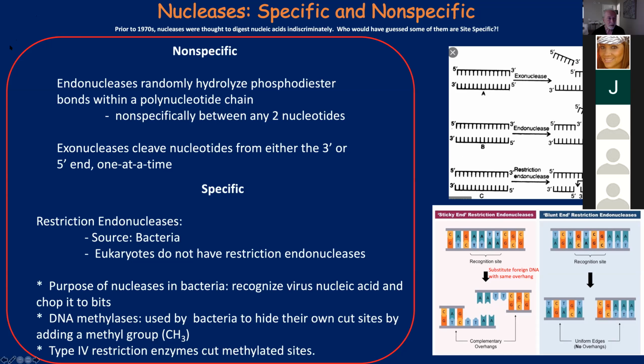Prior to the 1970s, nucleases were thought to digest nucleic acids indiscriminately, and no one would have ever predicted that they might be site-specific, that is, cut at very precise places in the genome. None of the other enzymes that digest macromolecules are site-specific.